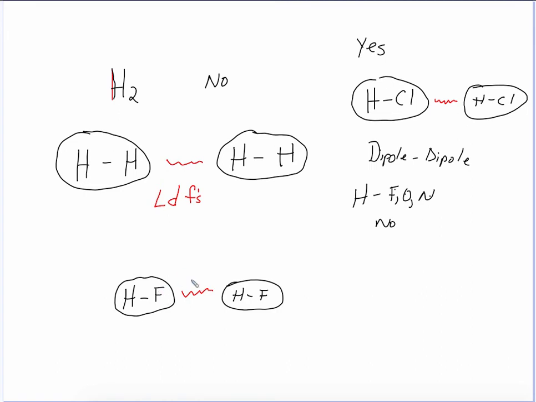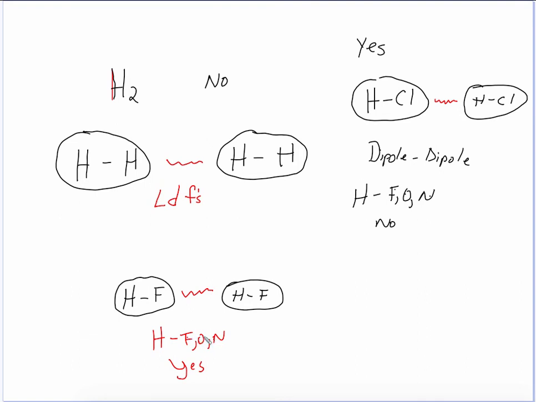We know it's some special type. It could be a dipole-dipole, or it could be a special type of especially strong dipole-dipole, and it's a force of attraction between molecules. And so we have to say, is there a hydrogen bonded to an F, O, or N? And the answer is yes.